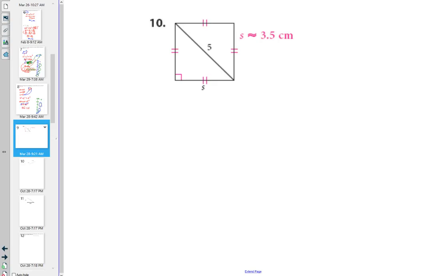Just try your best to follow. That's rounded. I don't want it rounded. Sean, let's see what you got.